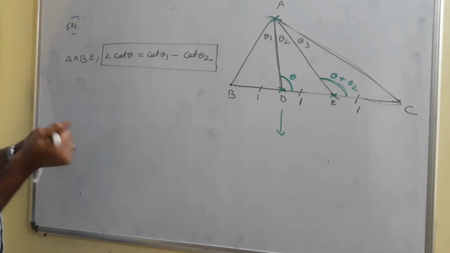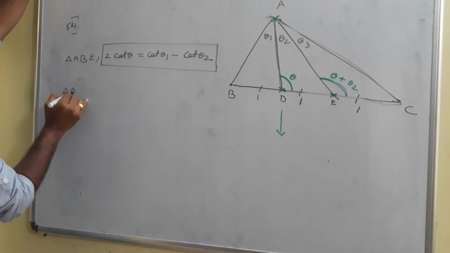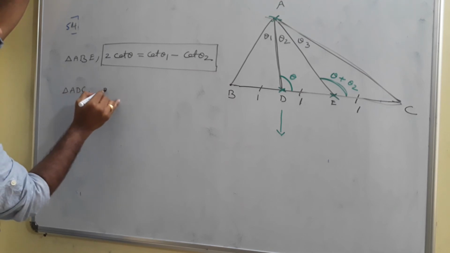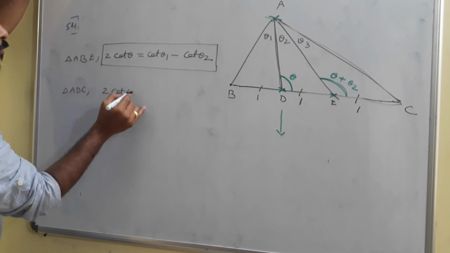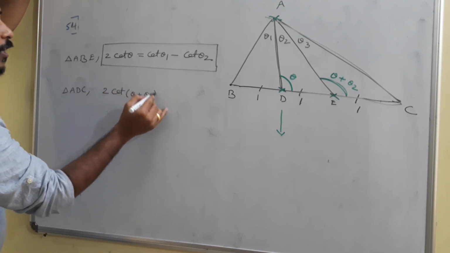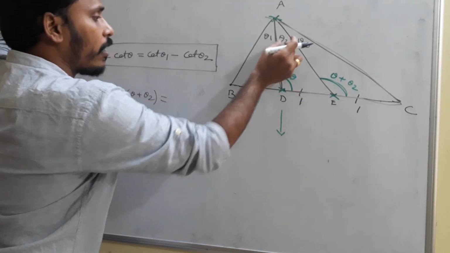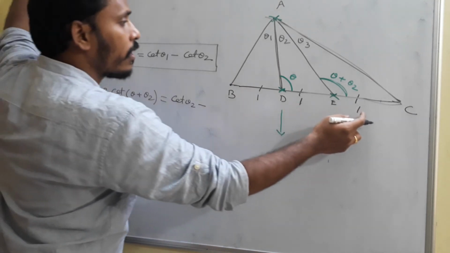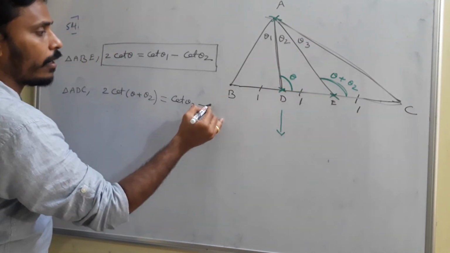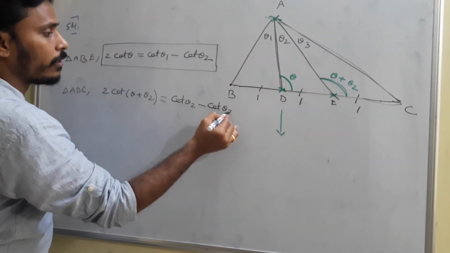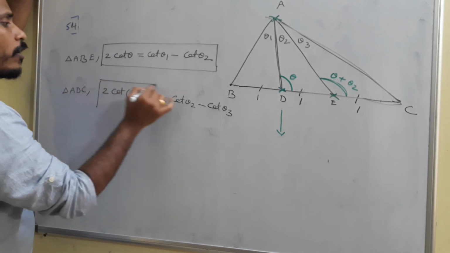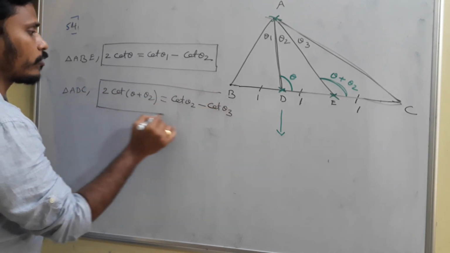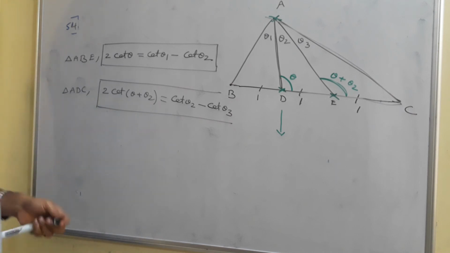So for the triangle ADC, 2 cot of theta plus theta 2 is equal to m cot alpha, that means cot theta 2 minus n cot theta 3. Just look at this. 2 cot of theta plus theta 2 is equal to cot theta 2 minus cot theta 3.